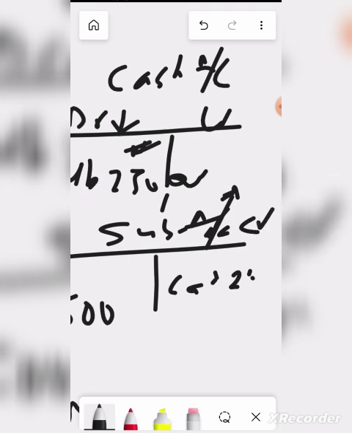Okay, this is the credit side. This is the debit side. So if we are posting the equivalent amount, that is 250,000 on the credit side.